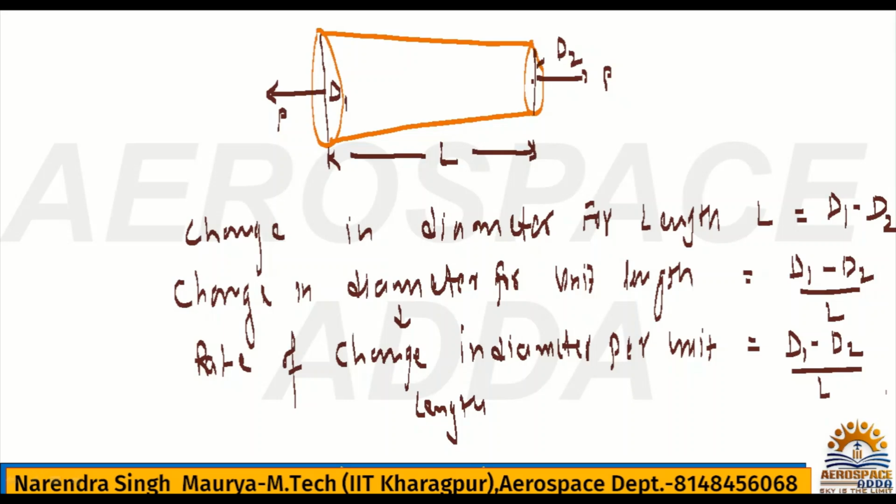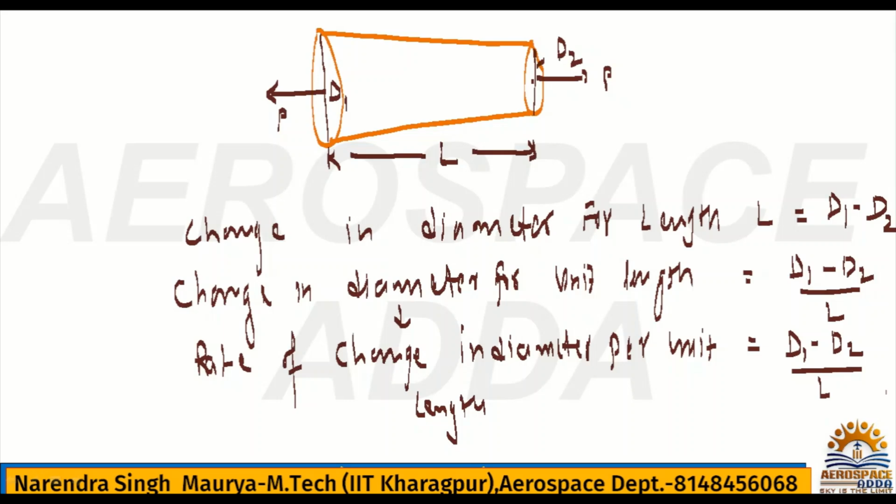So per unit length, the change in diameter is D1 minus D2 by L. That is also called the rate of change in diameter per unit length. The meaning will be the same. So that will be D1 minus D2 by L.